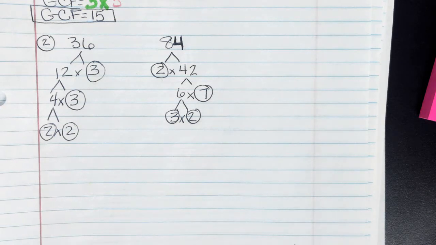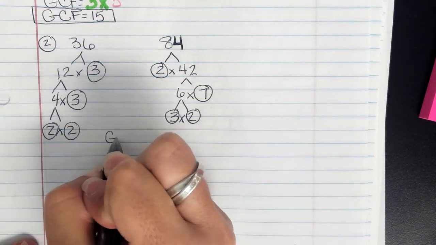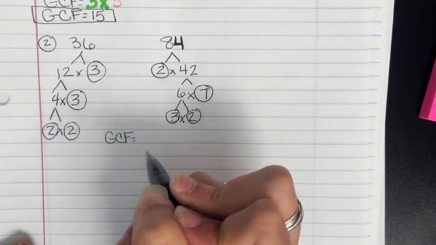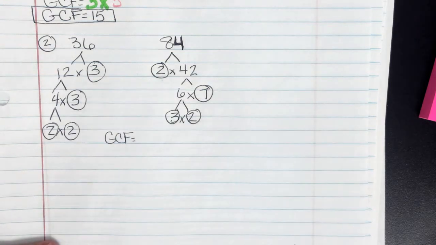Okay? A 3, a 2, a circle of 3, circle of 2. And then the other 6, you've got to circle another 3 and another 2.